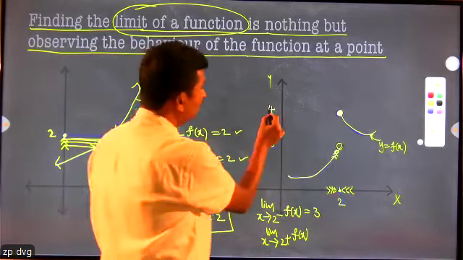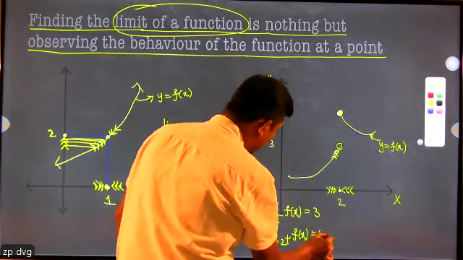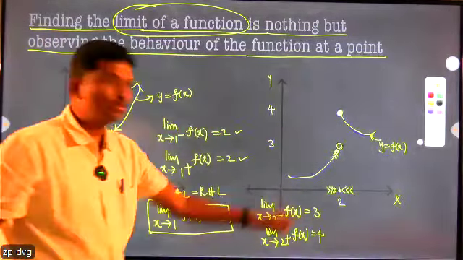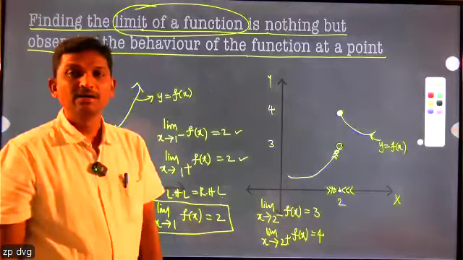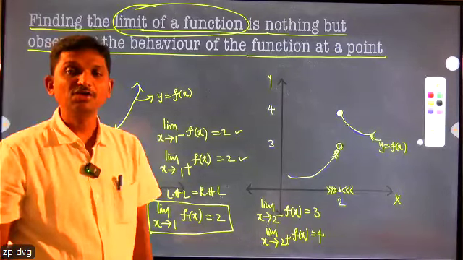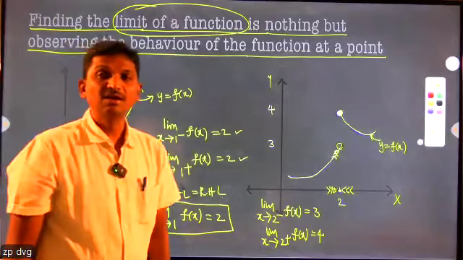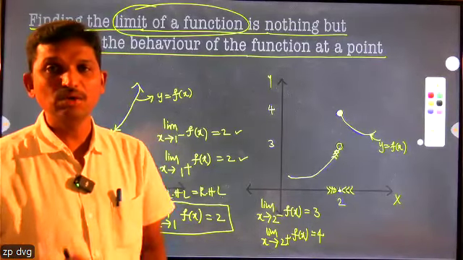The function is approaching 4, right? So here the left hand limit at x equal to 2 is 3. The right hand limit at x equal to 2 is 4. So here the left hand limit is not equal to the right hand limit. When we say the limit of the function exists, the left hand limit must exist, the right hand limit must exist, and they must be equal, correct?